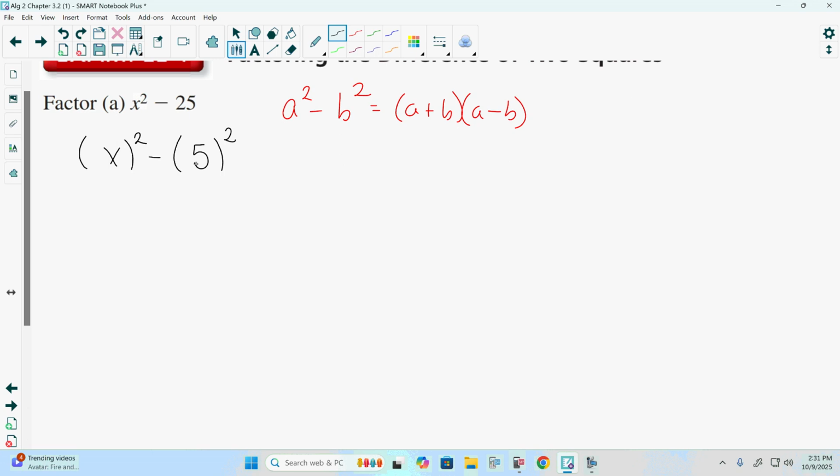So in the general form, a squared minus b squared is a plus b times a minus b. For us here, a is x and b is 5. So we would get x plus 5, a plus b, times x minus 5, or a minus b.